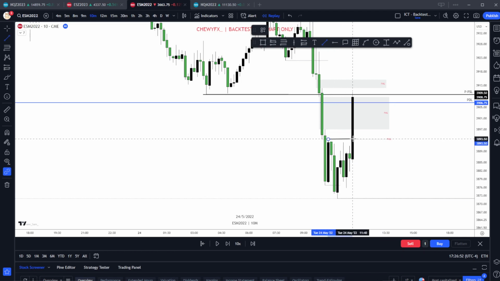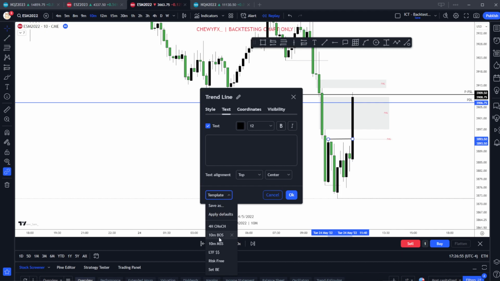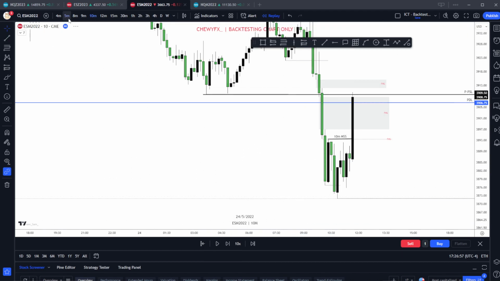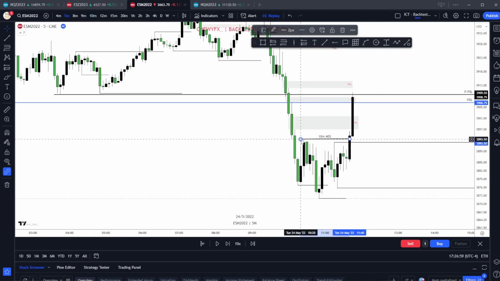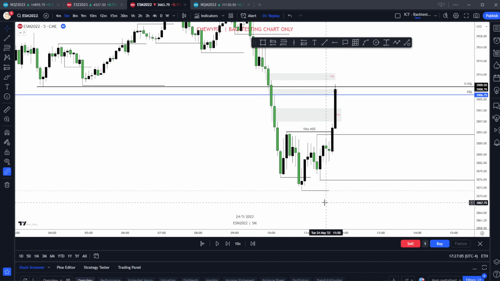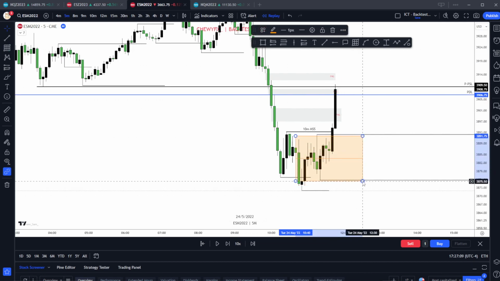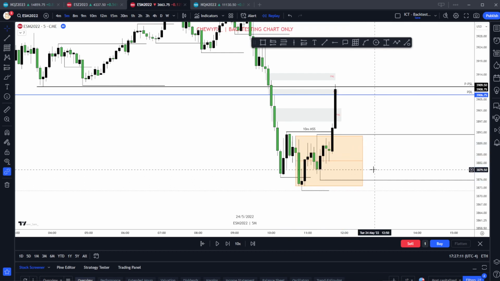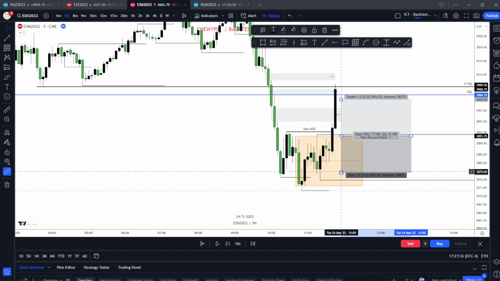We can see here that we have a 10-minute bullish market structure shift, which you want to confirm on the 5-minute. It is confirmed on the 5-minute. Now, bear in mind, we did just hop into a premium array, so you really do want to keep an eye on that to see if that affects the market in a strong way. Because if it does, this is not very, very probable.